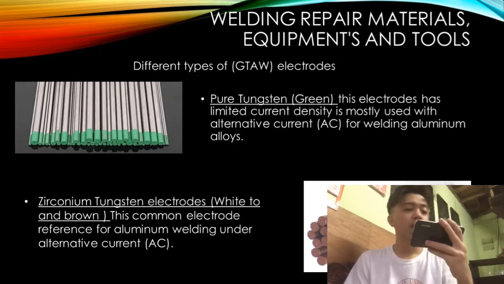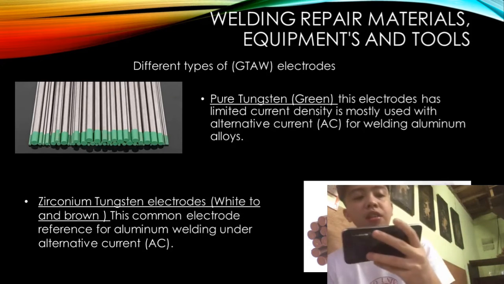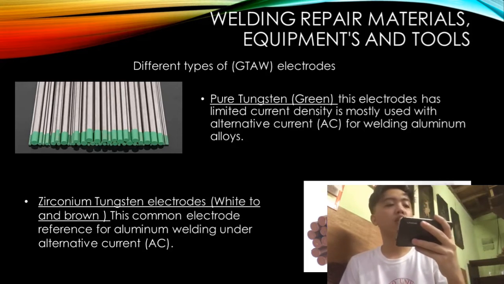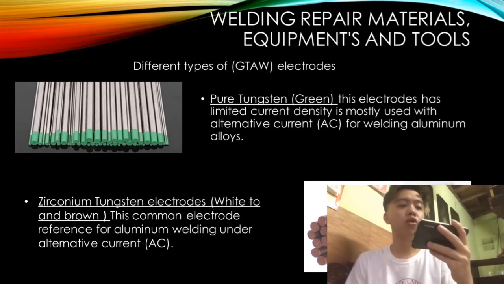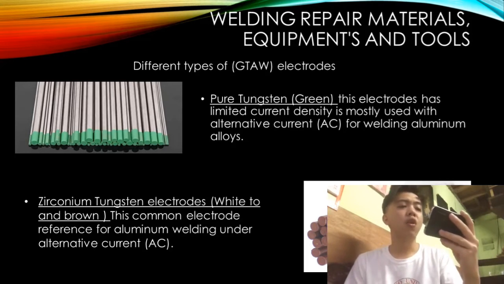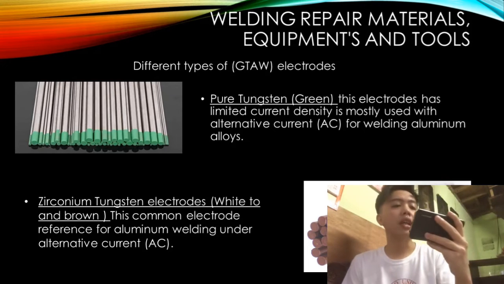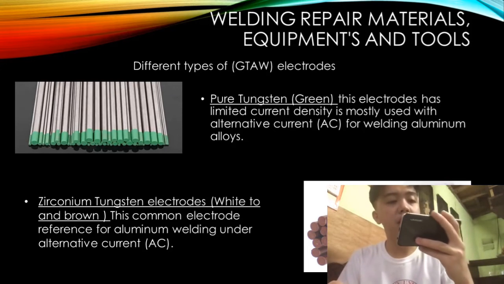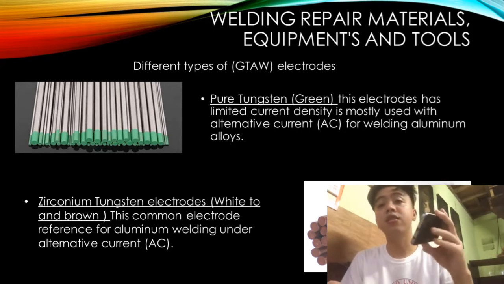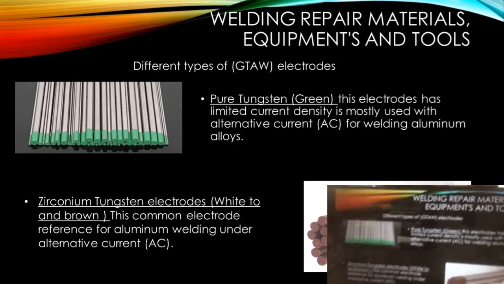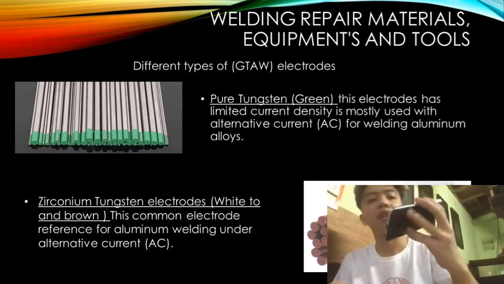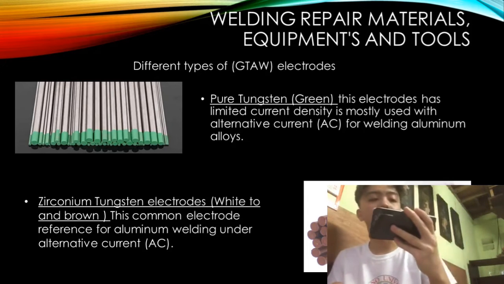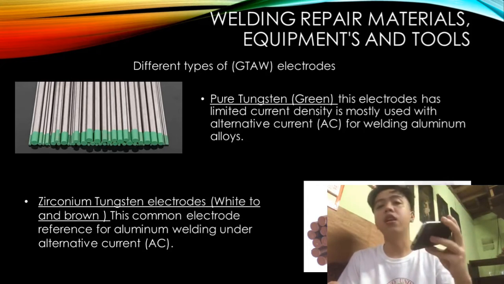Next, zirconium tungsten electrodes, which are white and brown. This is a common electrode preference for aluminum welding under alternating current. This is the pure tungsten, and it is green, and on the lower side of it are the zirconium tungsten electrodes.